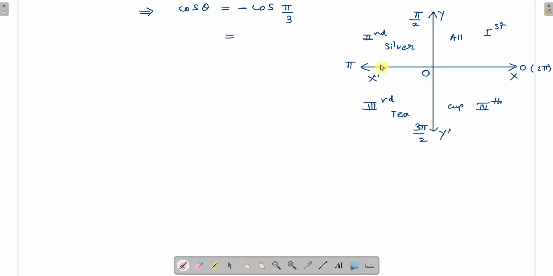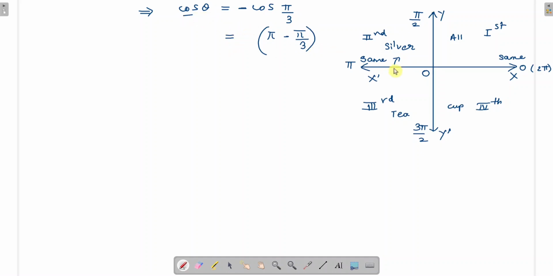Now to go to the second quadrant, we have to go from x axis to the second quadrant, and you know that the ratio remains same when you go from x axis to any quadrant, right? Now how do we go? We have to go in the second quadrant and we have to use this theta, so pi minus this theta, pi by 3, and the ratio should remain same because we want cos.